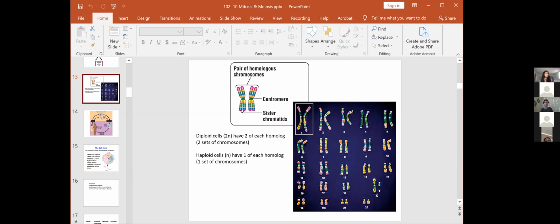Let's see the chat. Pull up the chat. Indeed, they are identical. They're copies of each other. So now let me ask you, are the homologous chromosomes identical, similar, or totally different?